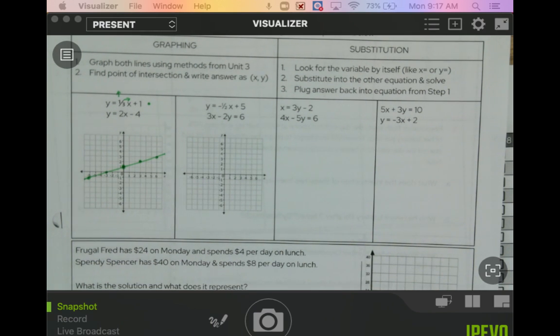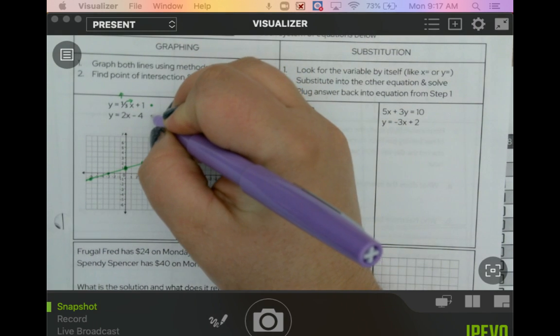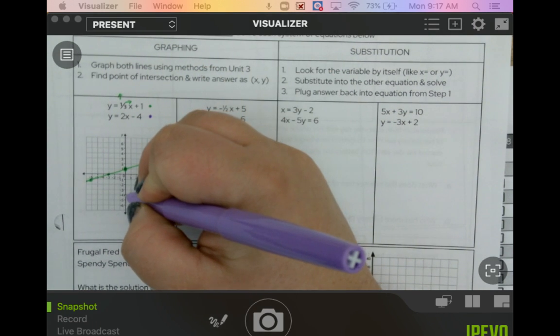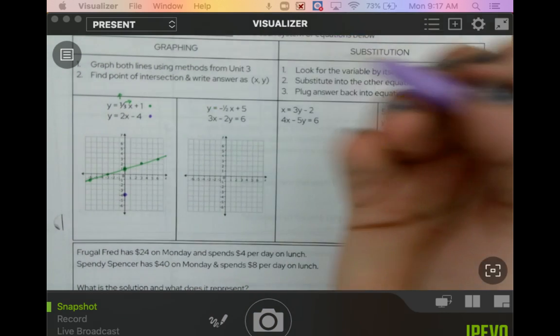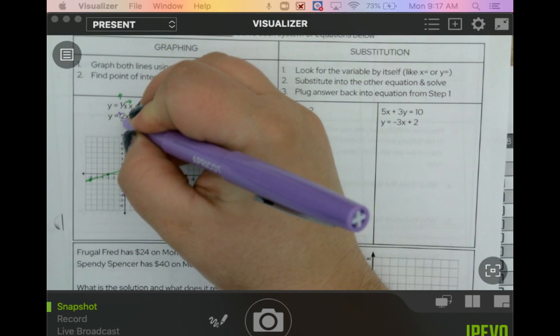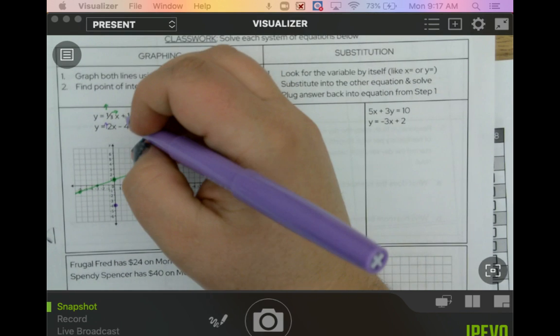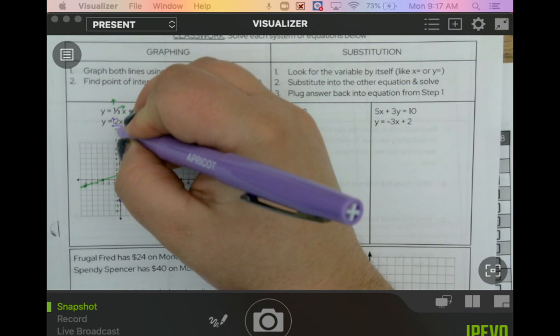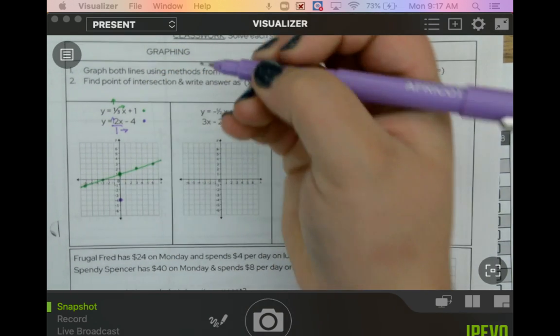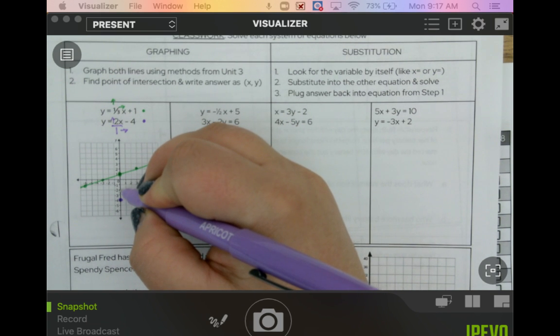The other line is going to start at -4 on the y-axis and go up 2. And there's no over part on this one. There's no fraction. So what a lot of people do is they put a fraction over 1. So up 2 over 1.